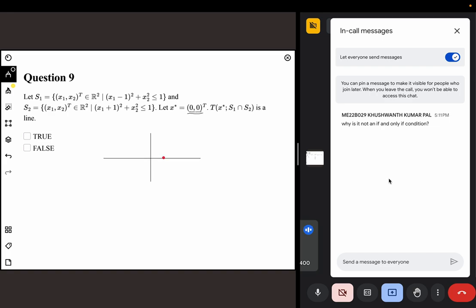One is a circle around 1, 0, and another one is a circle at -1, 0. I'm going to take the intersection of them, which is only the one point 0, 0. And for this particular point, I want to find the tangent cone. What will it be?